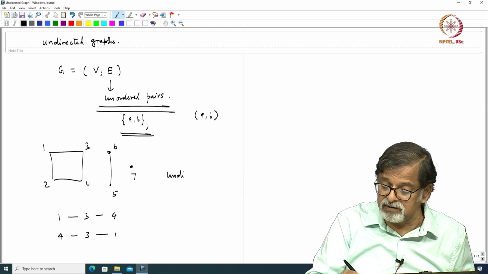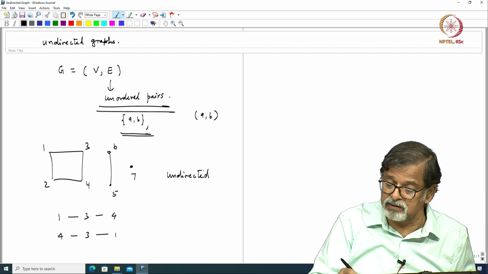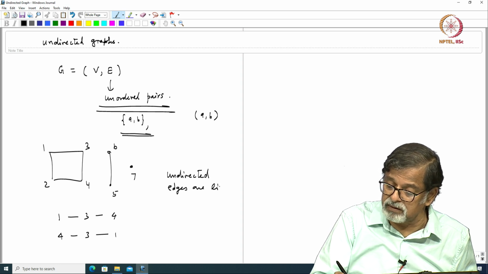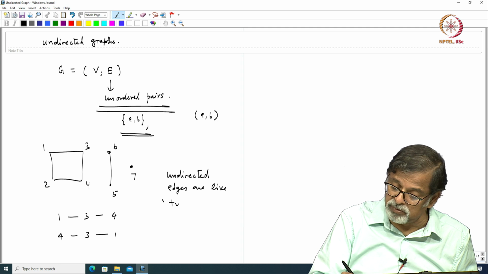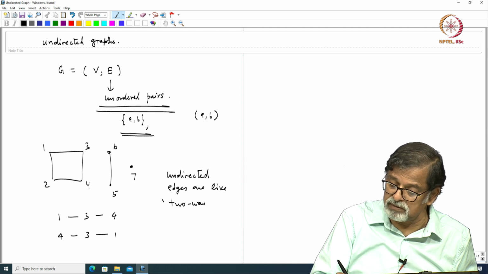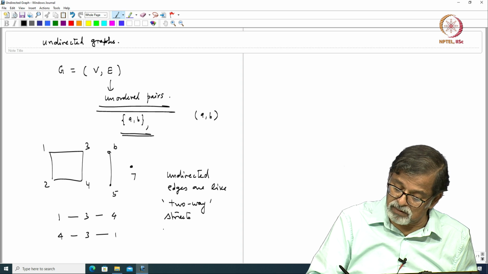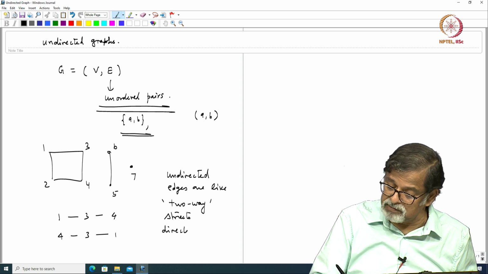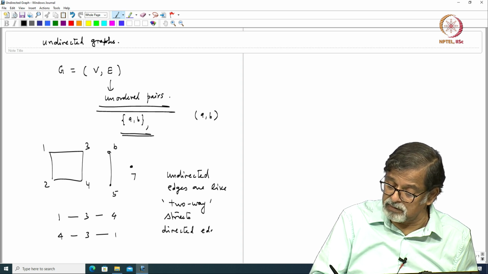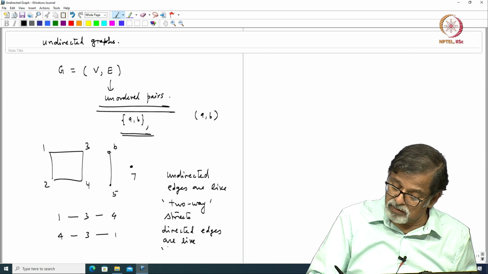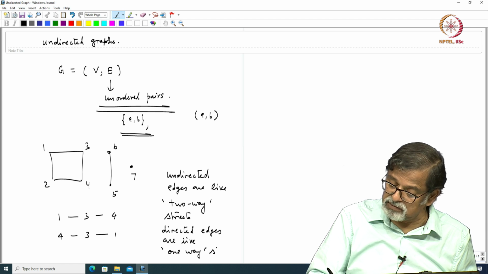Undirected edges are like two-way streets. Directed edges are like one-way streets.